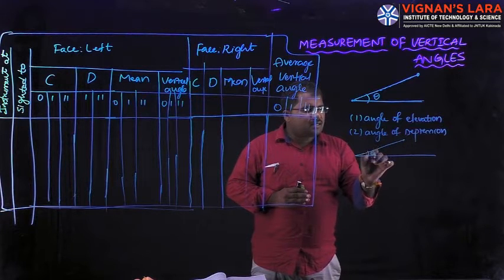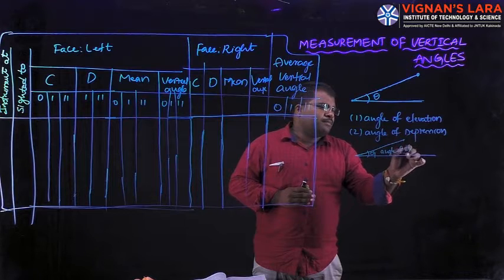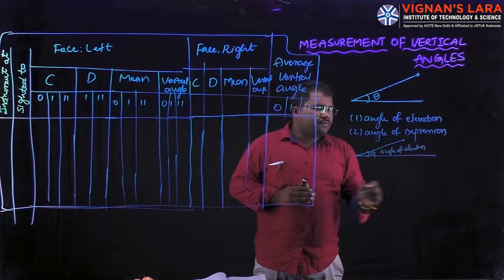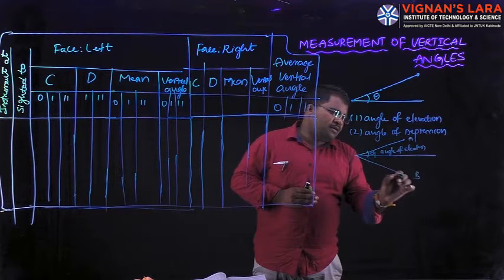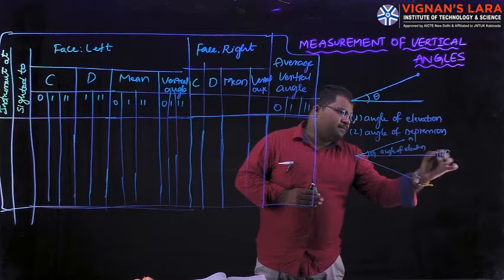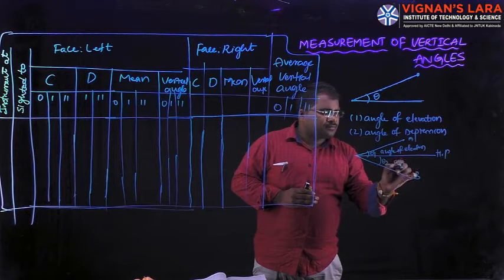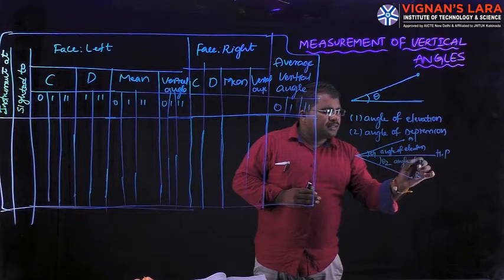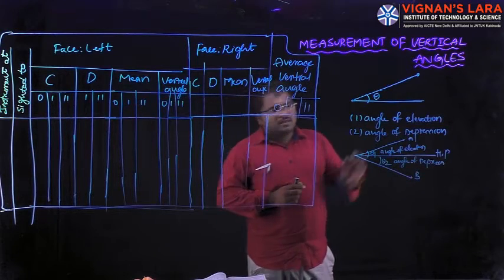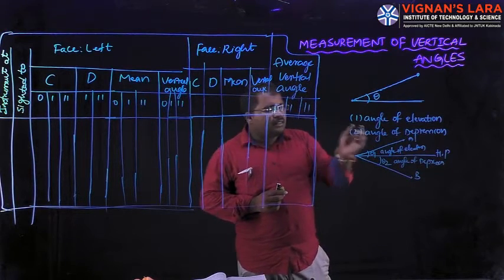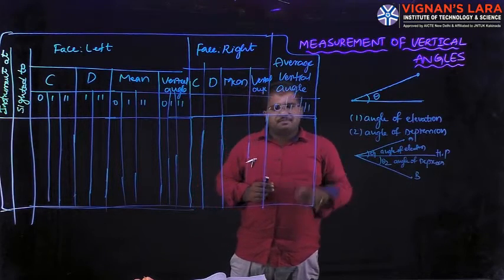This angle is called the angle of elevation. If the point B is lying below the horizontal plane, this is called the angle of depression. So this is what a vertical angle means, and these are its types: angle of elevation and angle of depression.